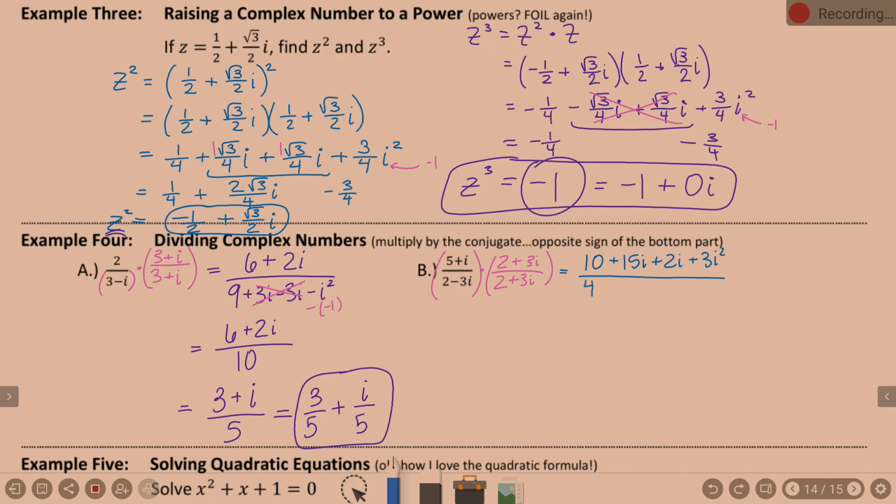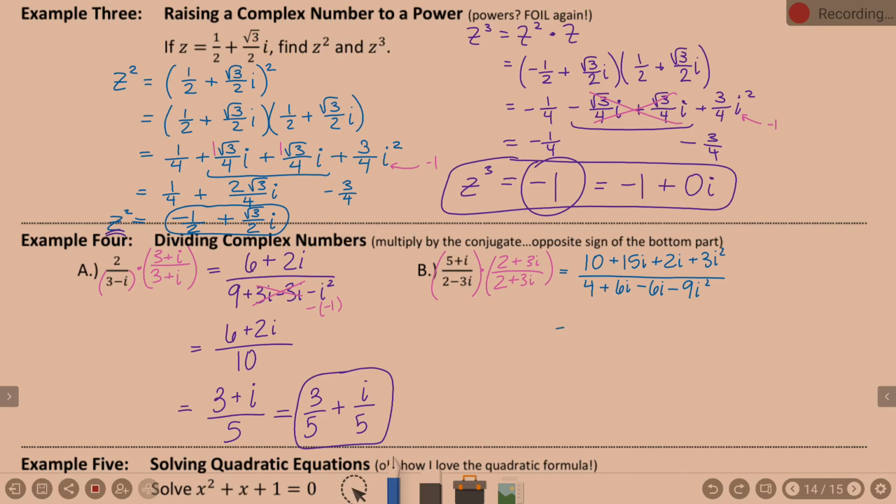Outsides, plus 6i. Insides, minus 6i. And last, minus 9i squared. If you are realizing there's going to be some canceling, could you skip writing those middle terms? Yes.